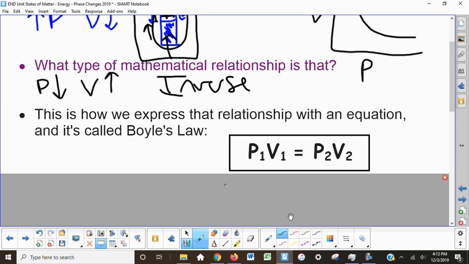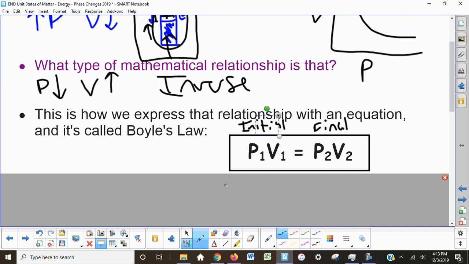Mathematically, we can express this relationship in an equation. This is the first mathematical equation that you're going to see. It's called Boyle's law, after Robert Boyle, who discovered this relationship between pressure and volume. And it says P1 times V1 equals P2 times V2. You want to think of P1 and V1 as your initial conditions, and P2 and V2 as the final conditions.